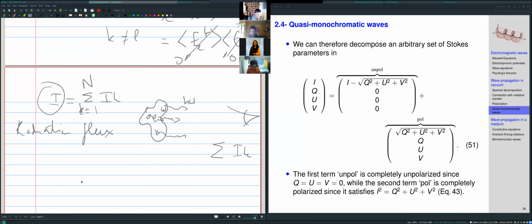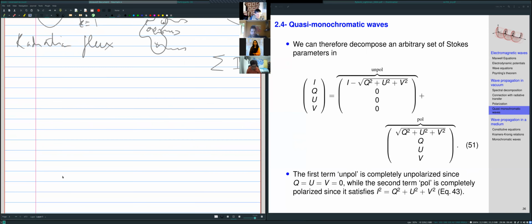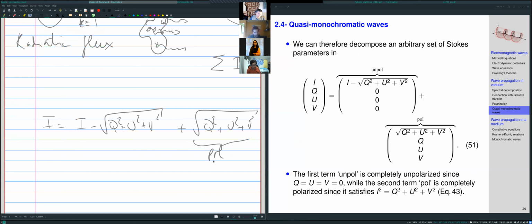So we are writing it this way. I'm saying that I is I minus the square root of Q squared plus U squared plus V squared, plus the square root of Q squared plus U squared plus V squared. I call this the polarized part, and this I call the unpolarized part.